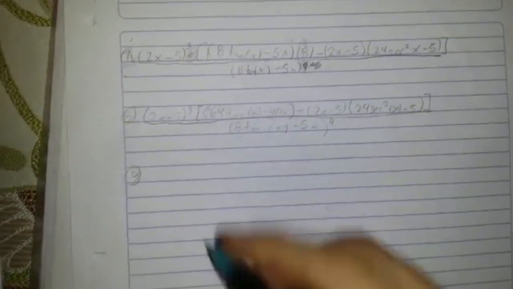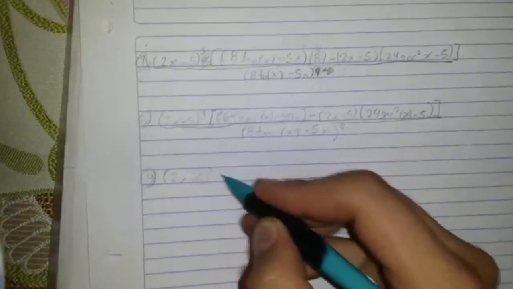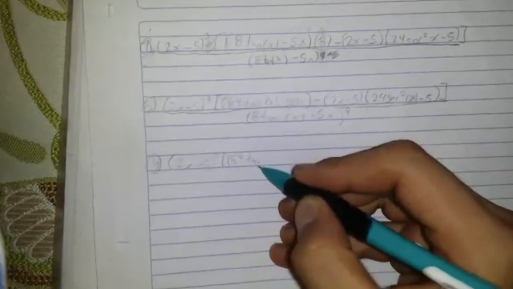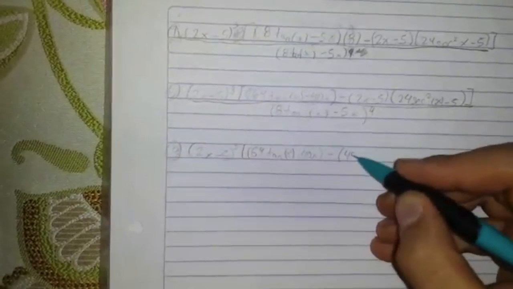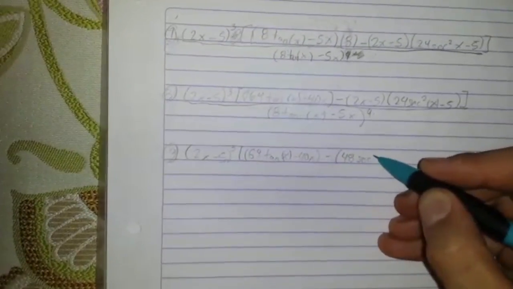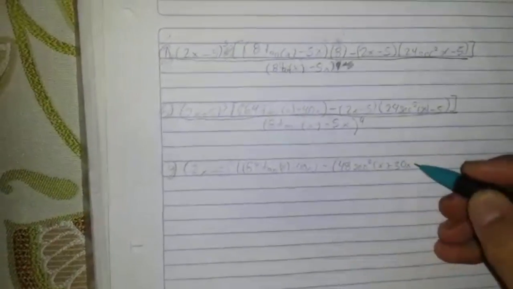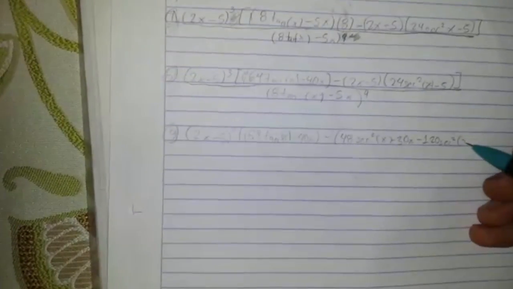So now step number 9, we got that 2x minus 5 to the 3 times 64 tangent x minus 40x minus 48 secant square x minus 30x minus 120 secant square x plus 75.